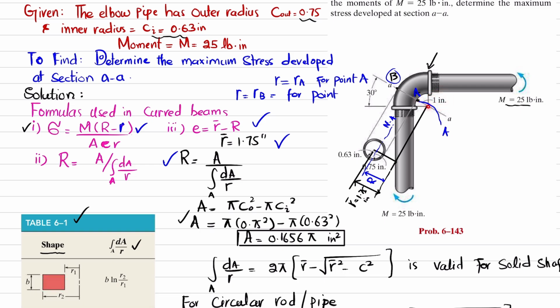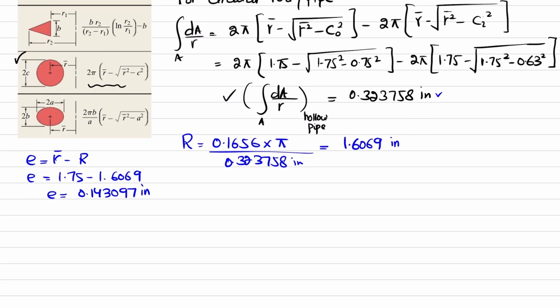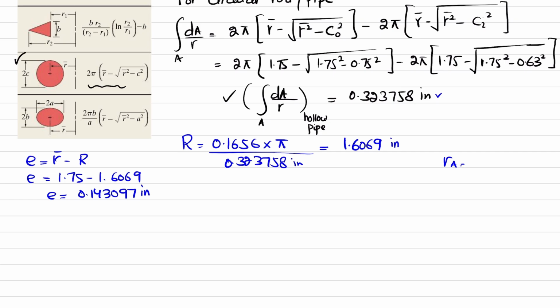And RB will be equal to this distance. So 1 plus this diameter, which is 0.75 plus 0.75 is 1.5, plus this one is 2.5. So write down here RA is equal to 1 inch and RB is equal to 2.5 inch.